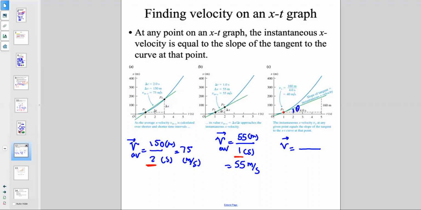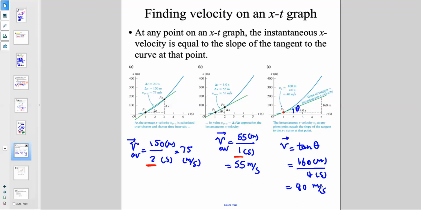So I have tangent of theta, which is equal to rise over run, 160 meters over 4 seconds.